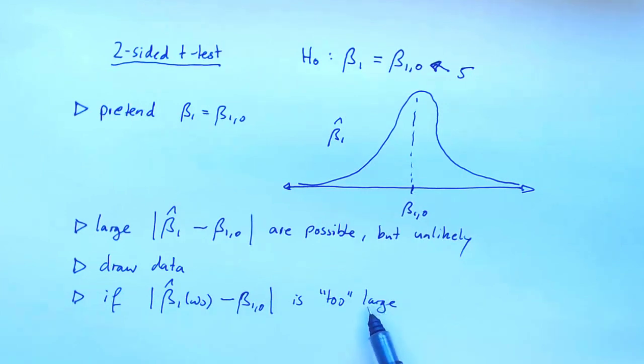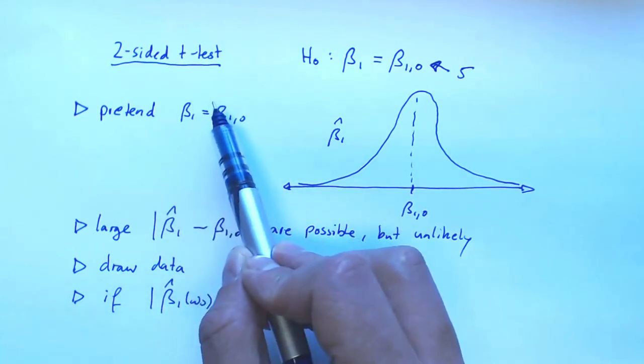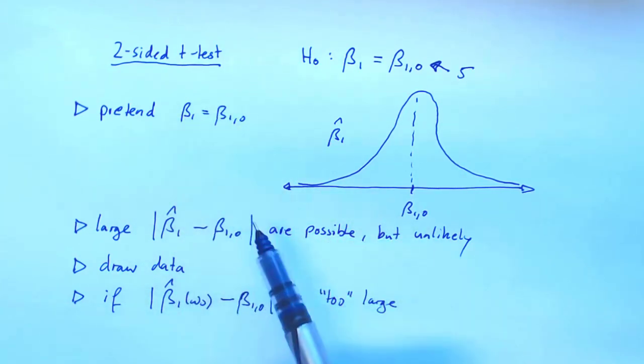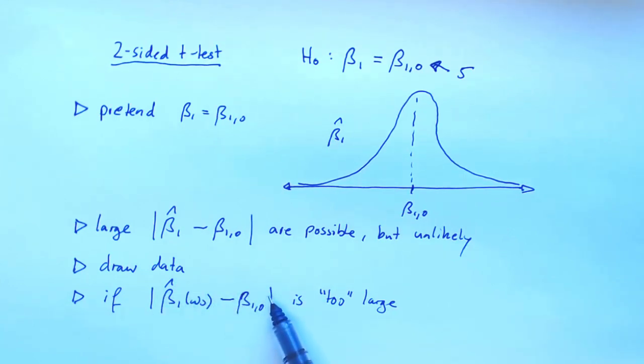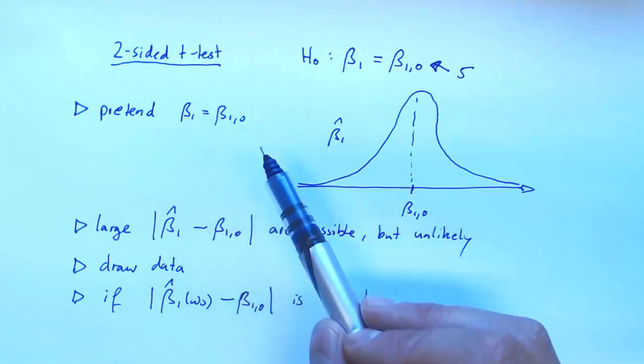But if this is too large, then something has happened that shouldn't really happen, right? If we were right in making this assumption, then large values of this are very unexpected. But large values of this might happen all the time if we are wrong in making this assumption.